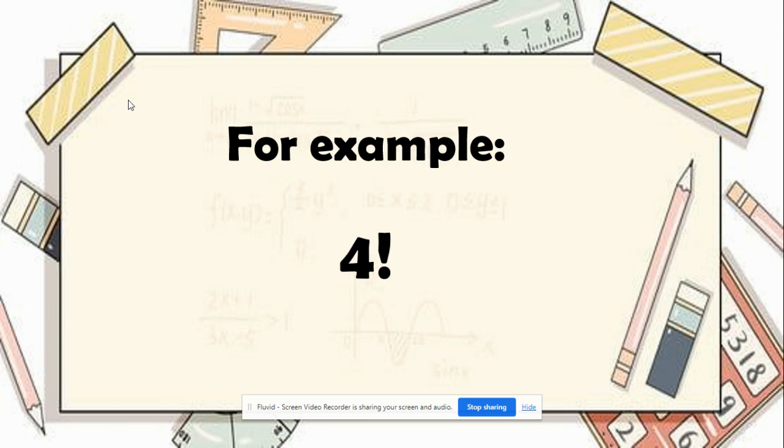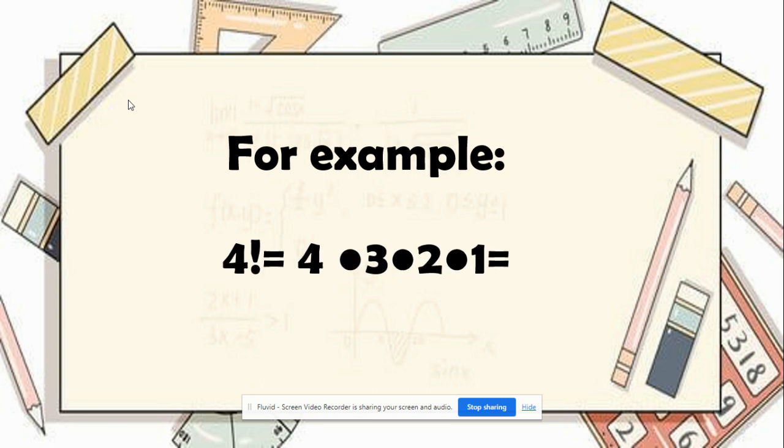In addition, when we say 0 factorial, it means the answer is 1. Okay, so now let's proceed to the examples. For example, we have 4 factorial. When we say 4 factorial, we have 4 times 3 times 2 times 1.